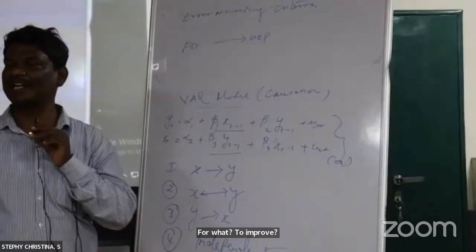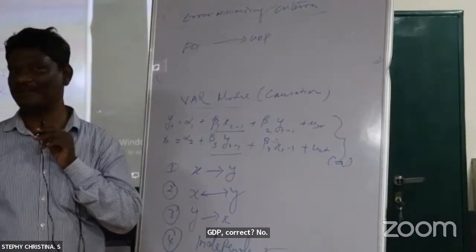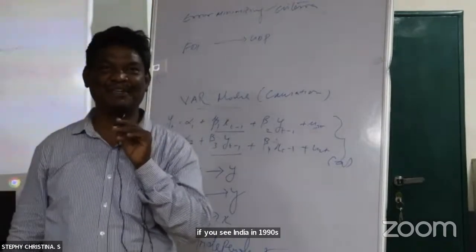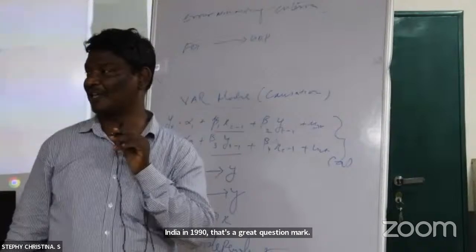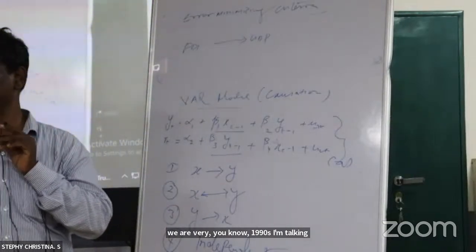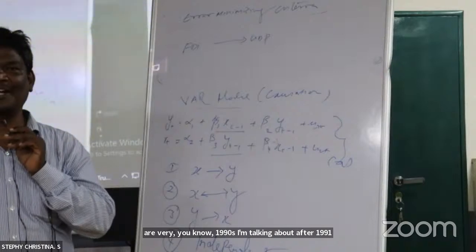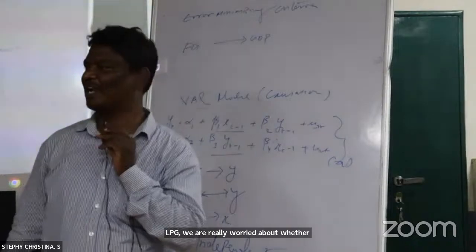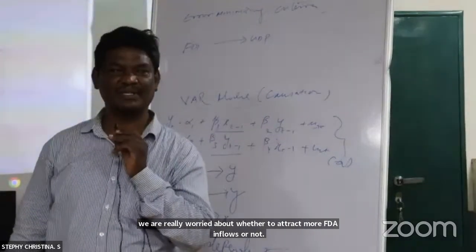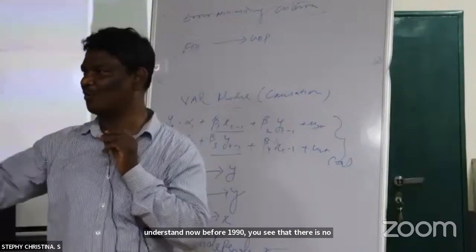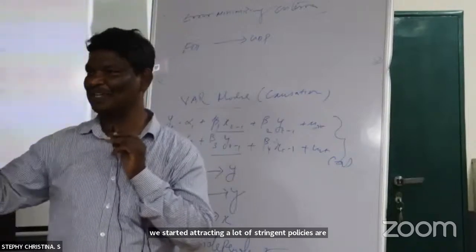If you see India in the 1990s, there was a great question mark. After 1991, LPG, we were really worried about whether to attract more FDI inflows or not. Before 1990 there were a lot of stringent policies. After 1990 globalization, we started attracting FDI inflows.